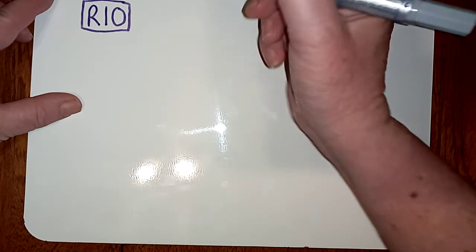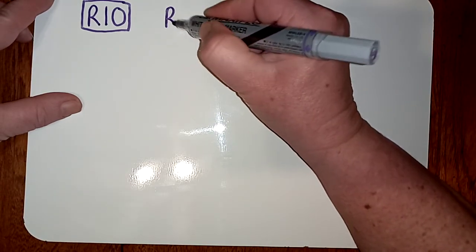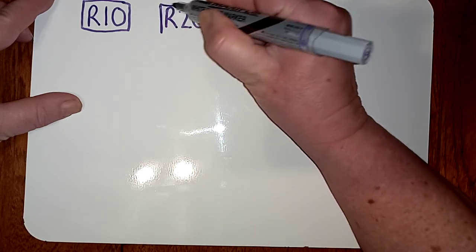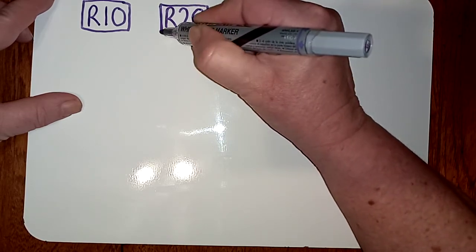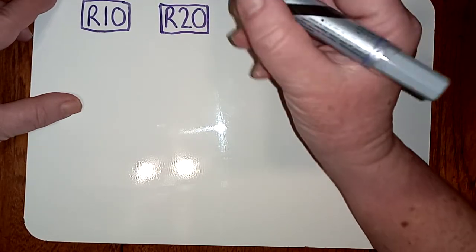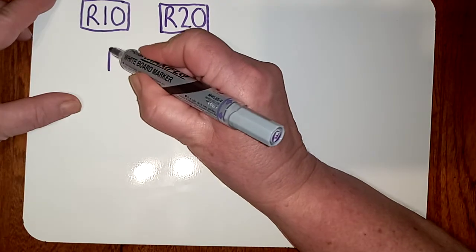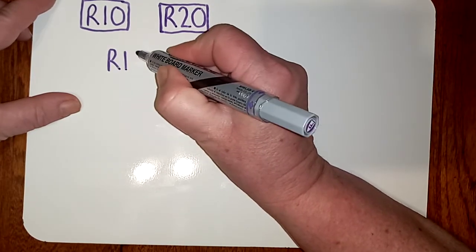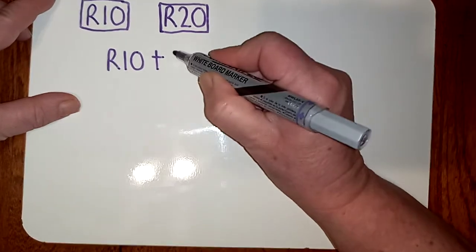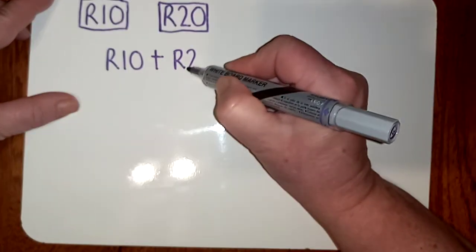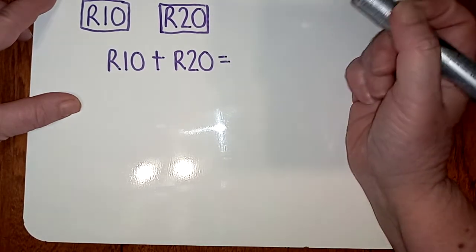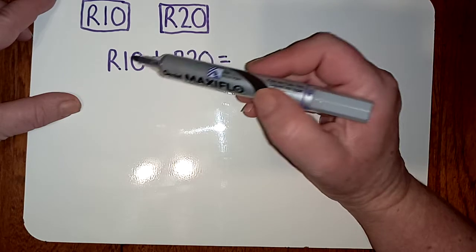And Tom had 20 Rand. And now we need to look at how much they had all together. So it's your number sentence, 10 Rand plus 20 Rand equals, and now we can work it out.